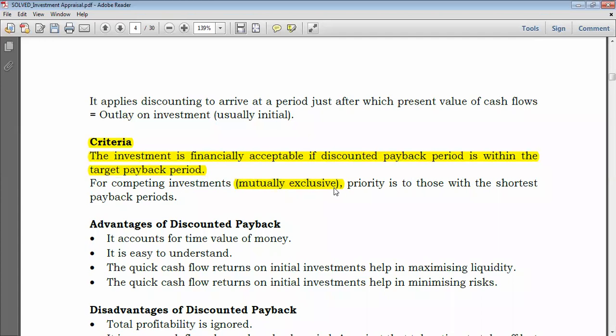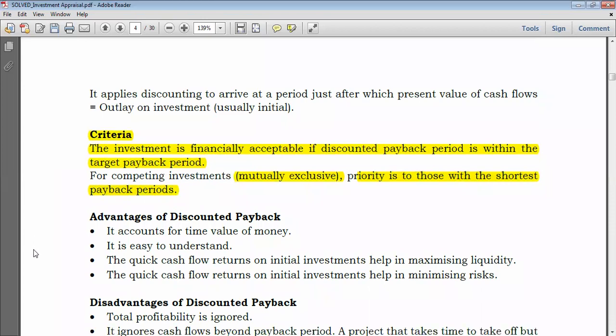Maybe money is not sufficient, or maybe you're using the same type of labor and labor is not sufficient in the market. So we say priority is given to those with the shortest payback period. In case you have set your discounted payback period at 4 years, but the first project requires 2 years and the second 3 years, you have to go for the shorter one, that is 2 years. That's what we do about discounted payback period.